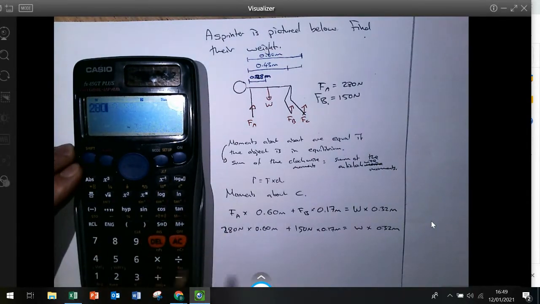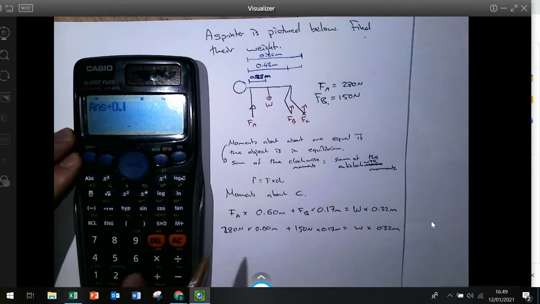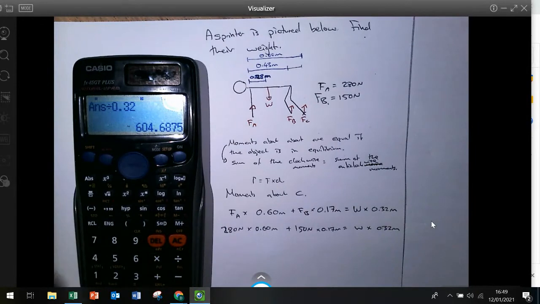Just going to double check that I've got that right. Always useful to double check your answers. I've got a different answer, so I'm going to do this one final time just to make sure I've got it right.